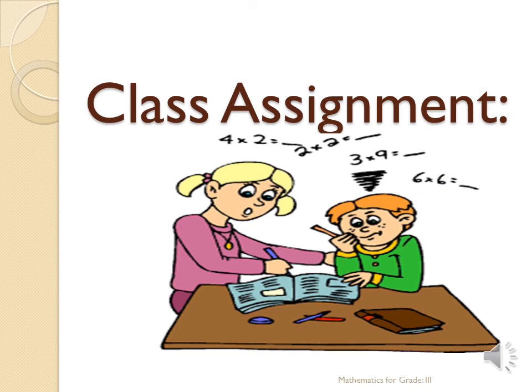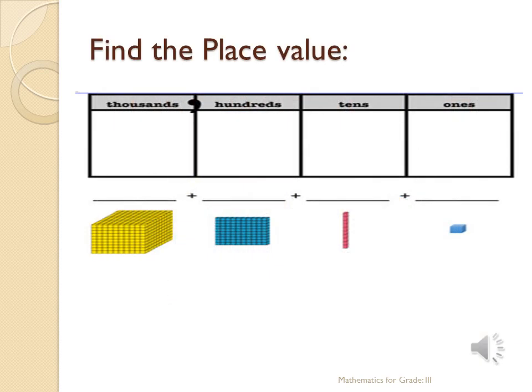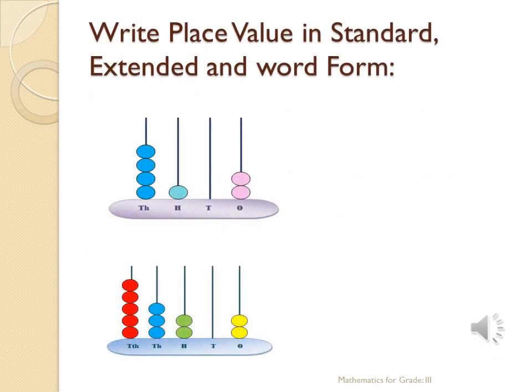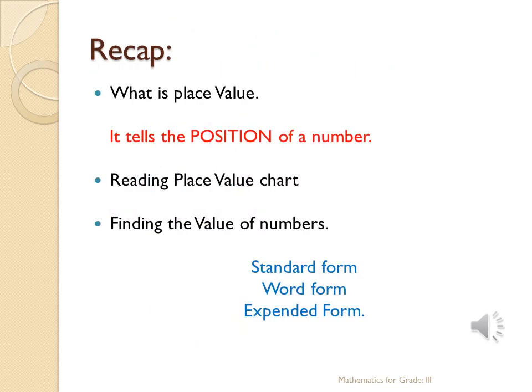You have to solve and send them to the APS online support program. Now find the place value. Write it in standard form and in expanded form. Now write the place value in standard form, expanded form and word form.